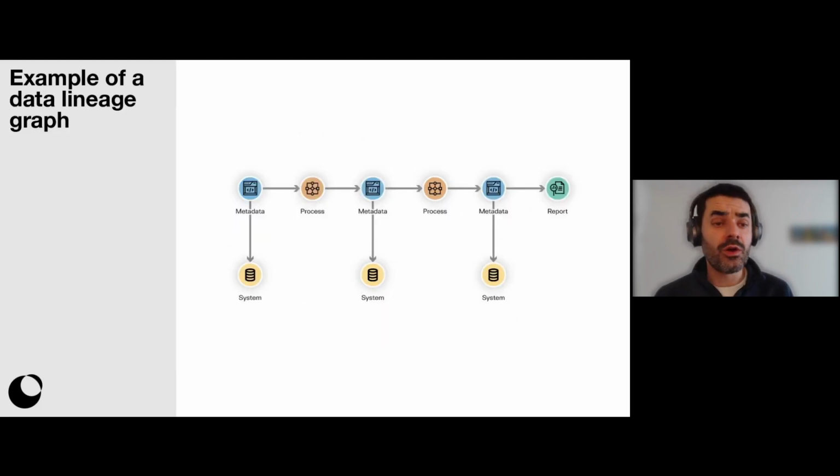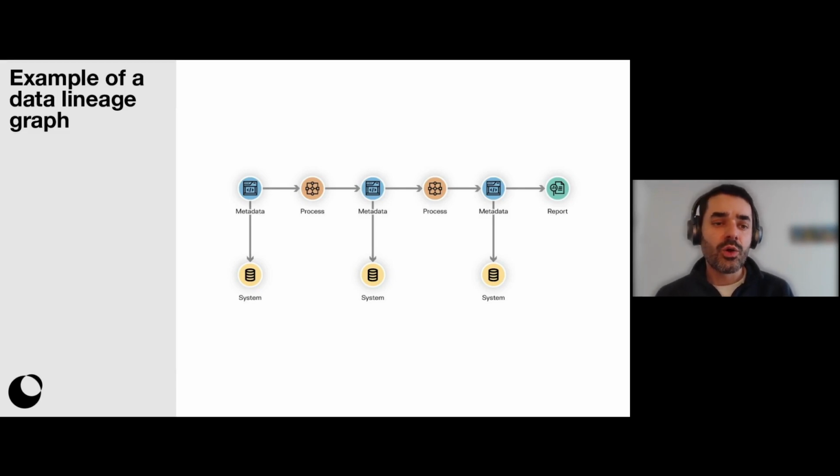It's also possible to model data lineage as a graph. Here we have such an example. We see that we have a piece of metadata that's associated with a system that flows into a process, is transformed into another piece of metadata stored in another system that then goes to another process, becomes another piece of metadata, and ultimately ends up in a report.